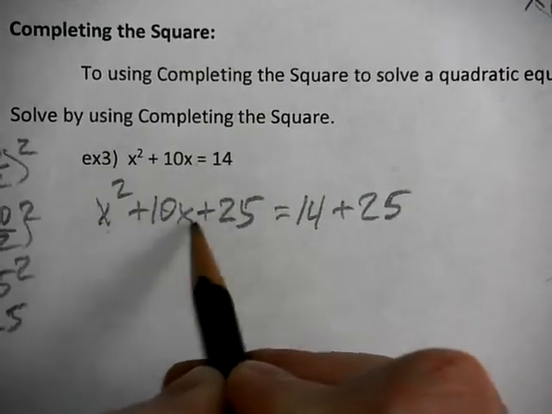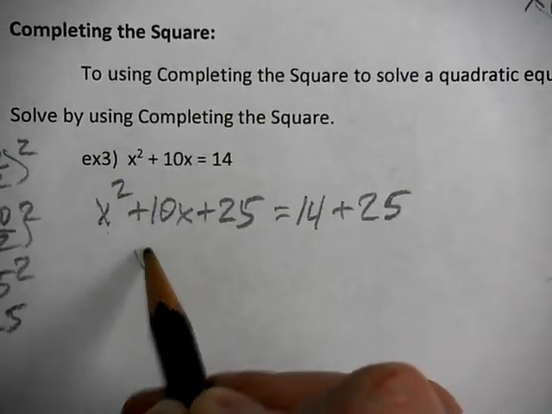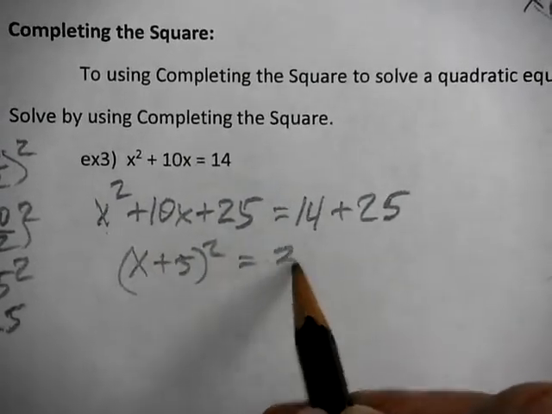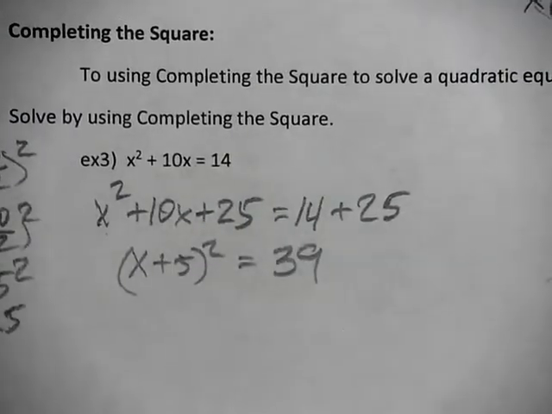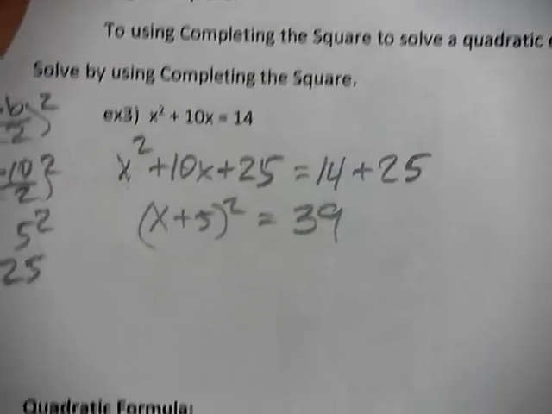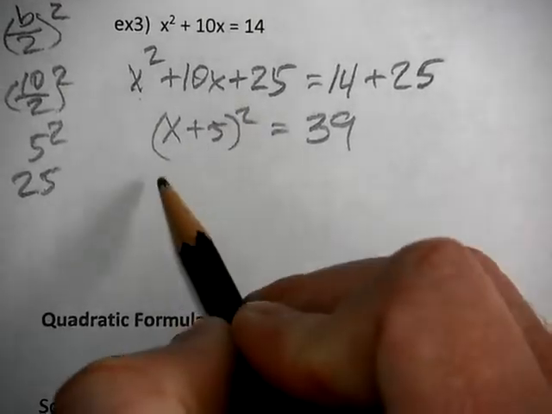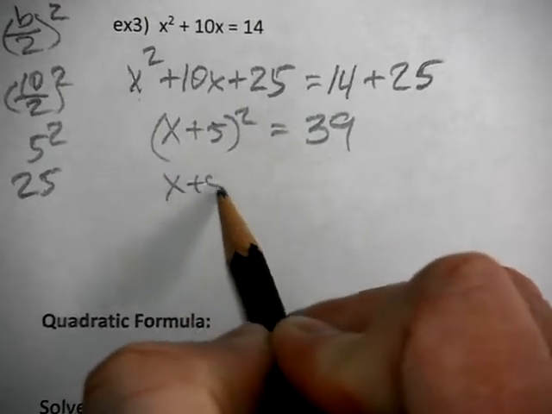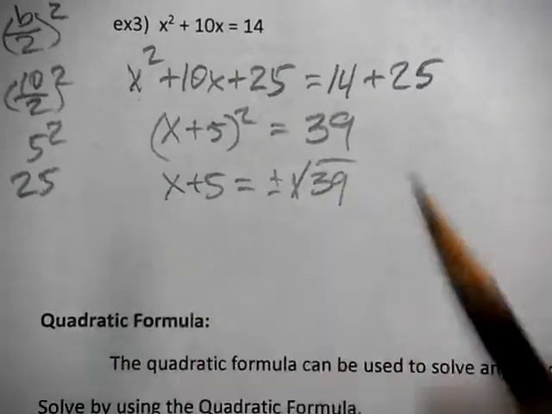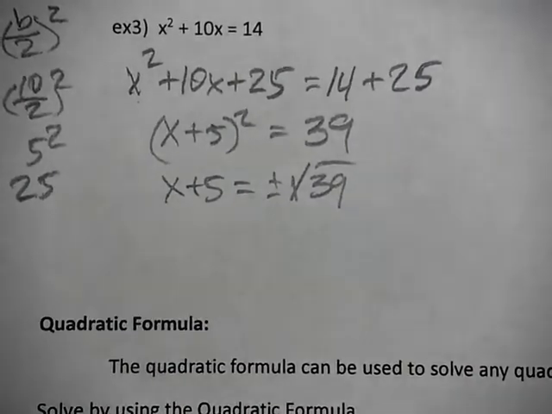So x squared plus 10x plus 25 is x plus 5 squared. That becomes 39. Take the square root of both sides. So you're going to be left with x plus 5.